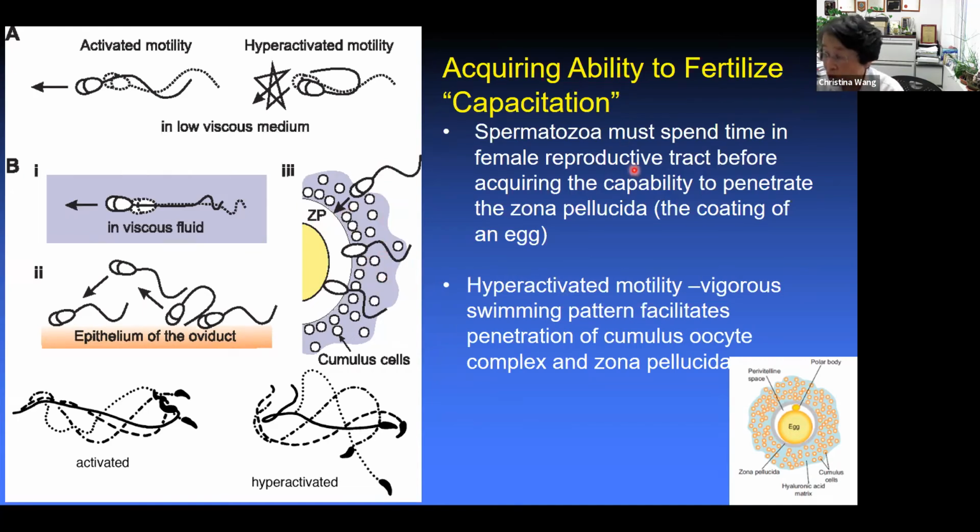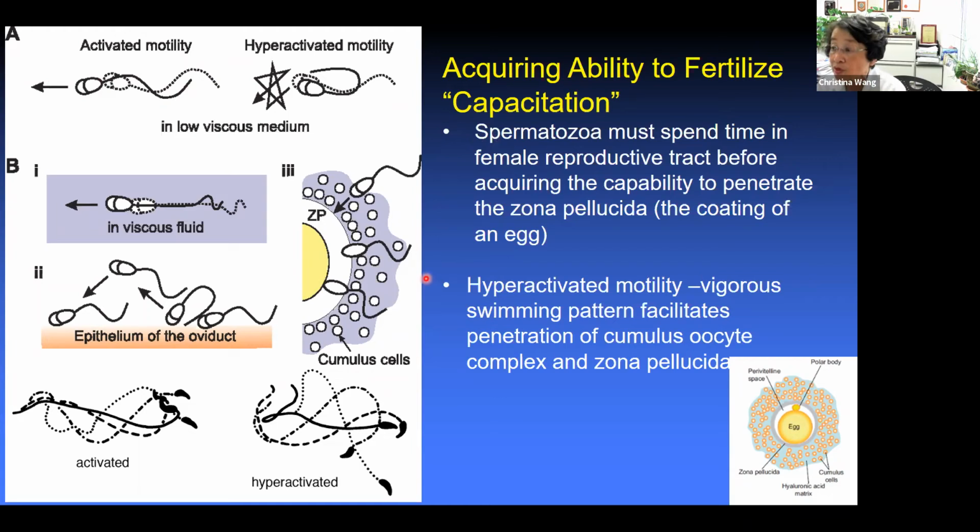In order to do that, it has to acquire something called hyperactivated motility. When you see a semen analysis, you're welcome to our lab to see it, you'll see the sperm moving forwards, progressive motility.